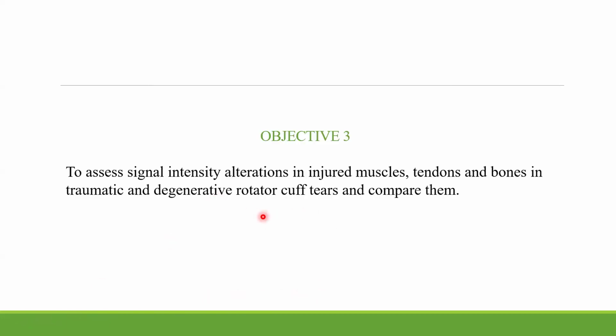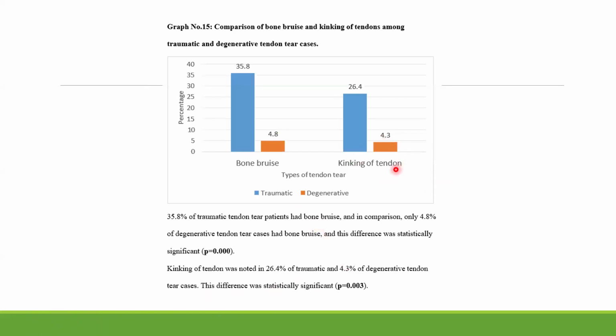The third objective was to assess signal intensity alterations in injured muscles, tendons, and bones in traumatic and degenerative rotator cuff tears and compare them. So, as we can see in this bar diagram, bone bruise and kinking of tendons was significantly more in traumatic tears than degenerative tears, and this was also found to be statistically significant.